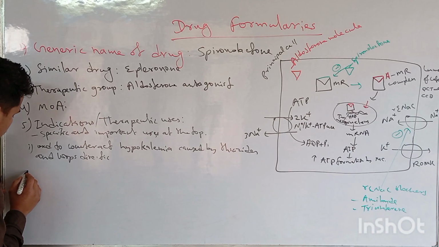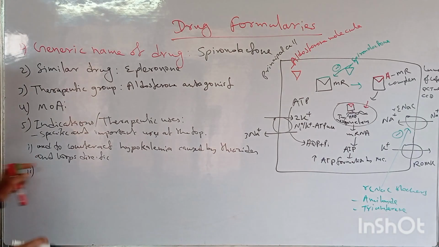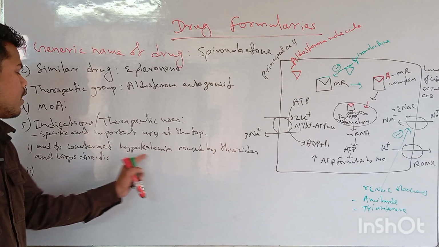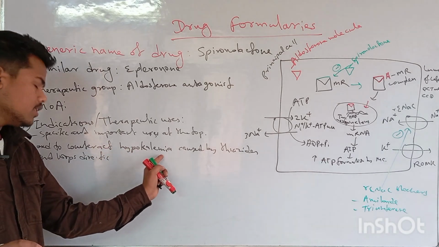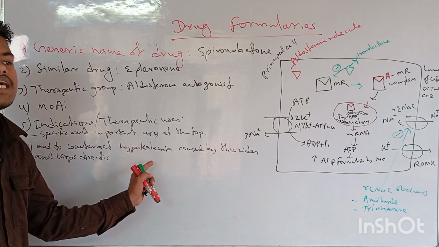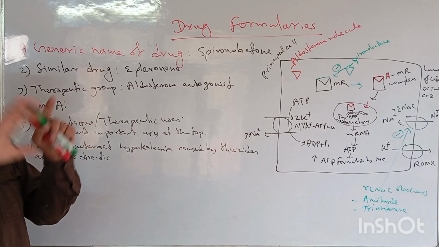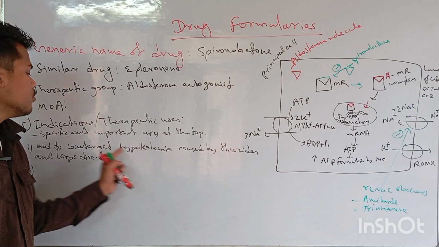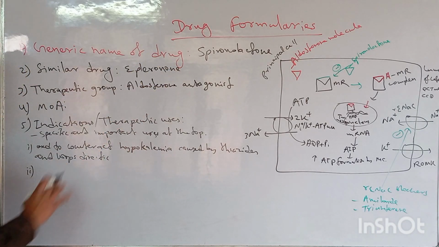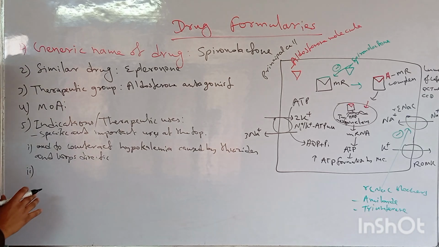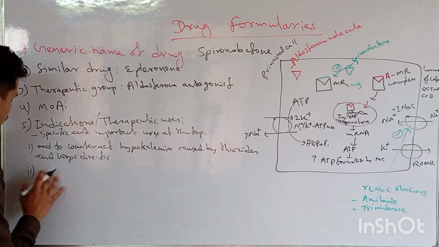Then there will be the next use. Even if by other mechanism there is hypokalemia occurring, in those cases, by seeing other parameters, you can use spironolactone or K plus sparing diuretics too.